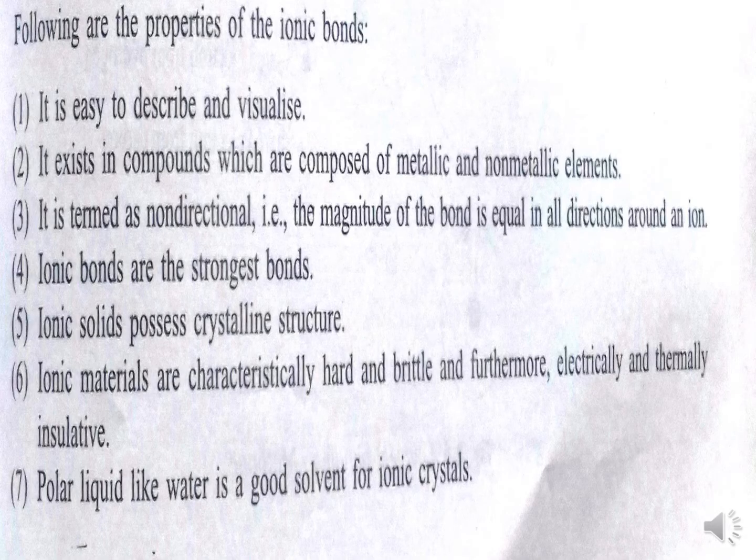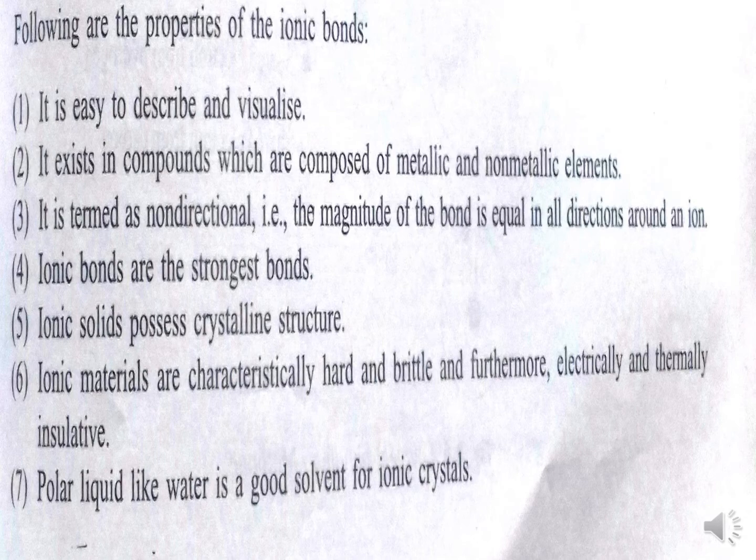The following properties of ionic bonds you have to write; this will come for a 5 marks question. You have to explain ionic bond and the properties of the ionic bonds. It is easy to describe and visualize. It exists in compounds which are composed of metallic and non-metallic elements. It is termed non-directional, that is, the magnitude of the bond is equal in all directions around an ion.